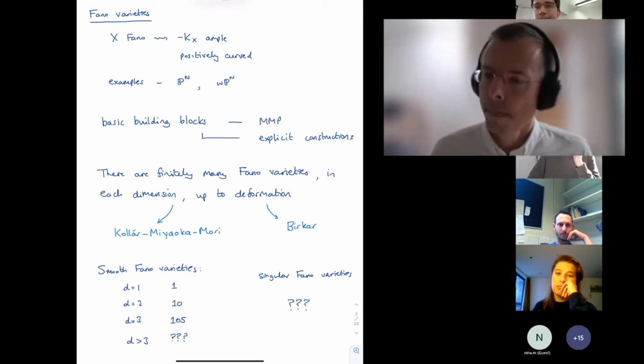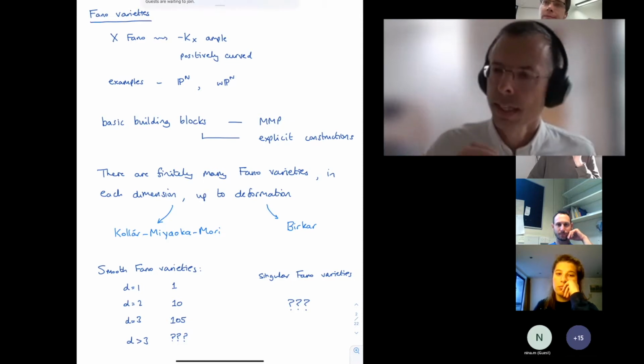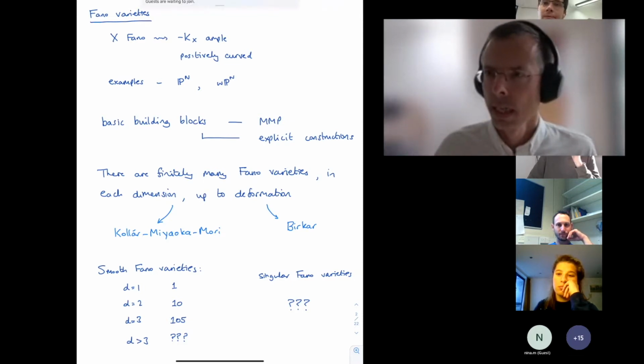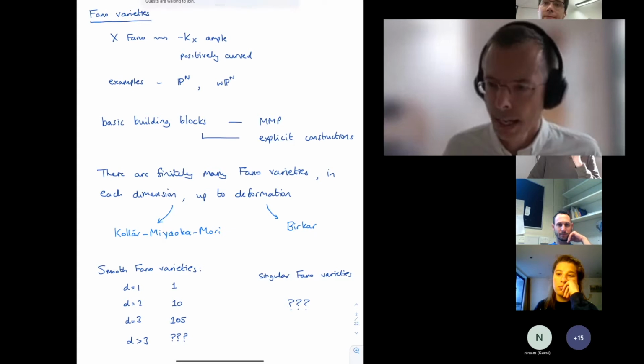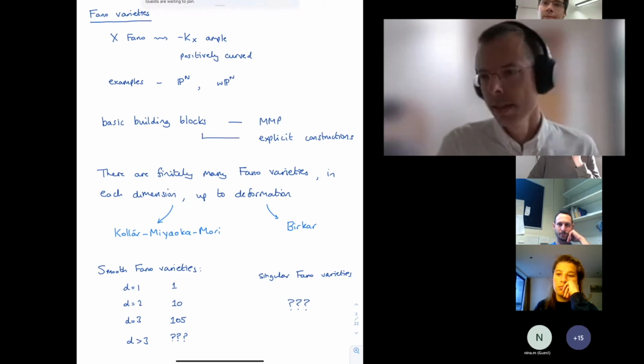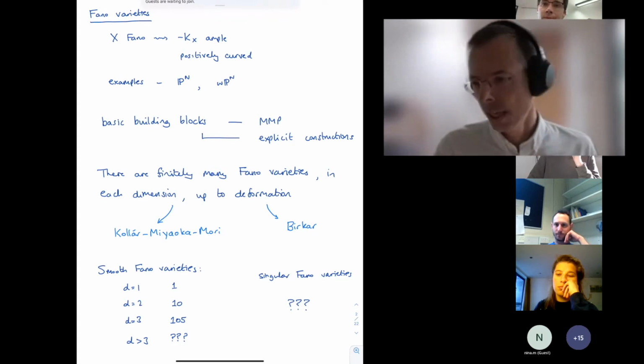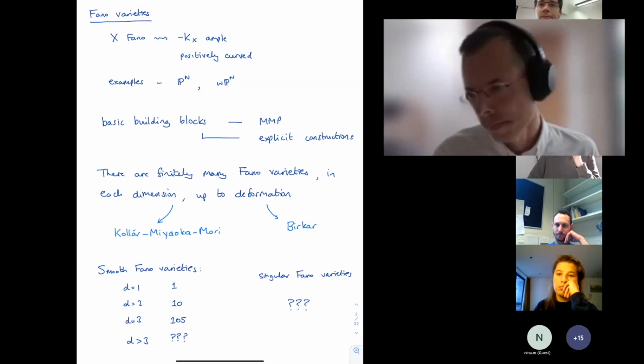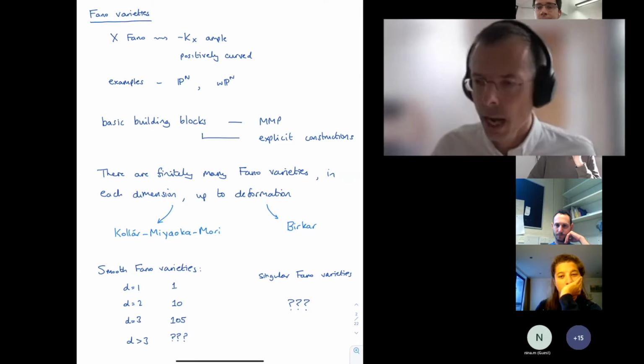If you think about the classification of Riemann surfaces, then a Riemann surface is either genus 0, the Riemann sphere, or genus 1, the elliptic curve, or genus 2 and higher.